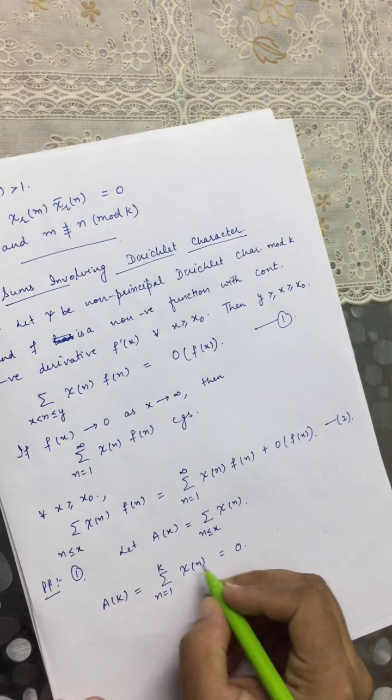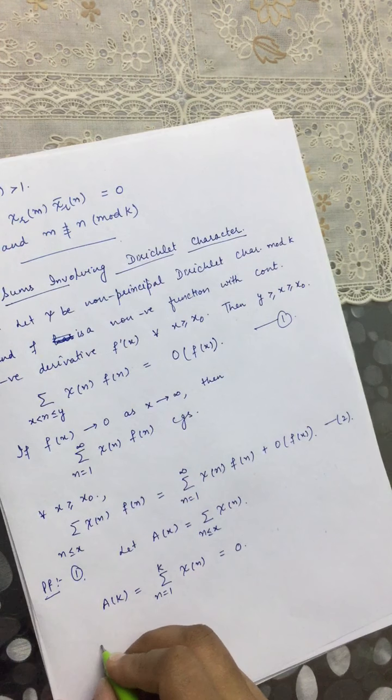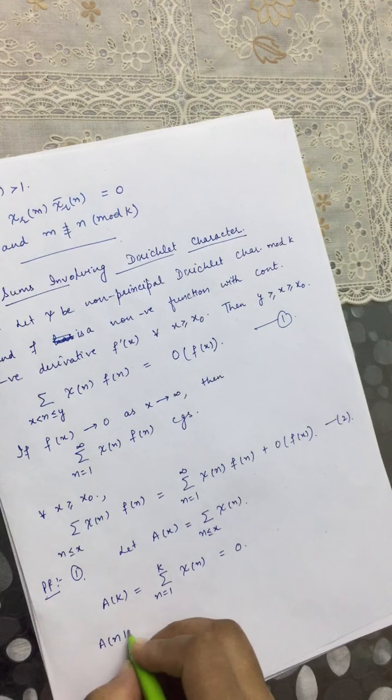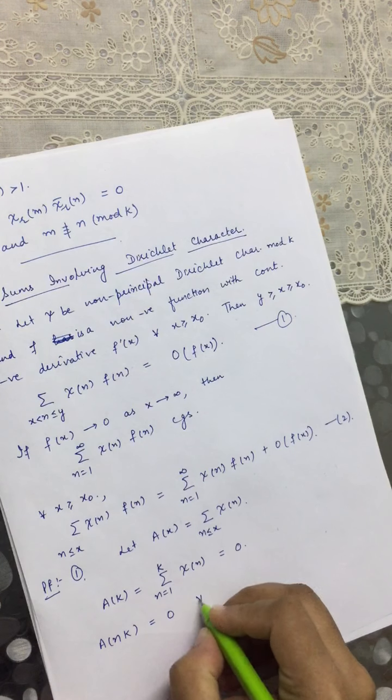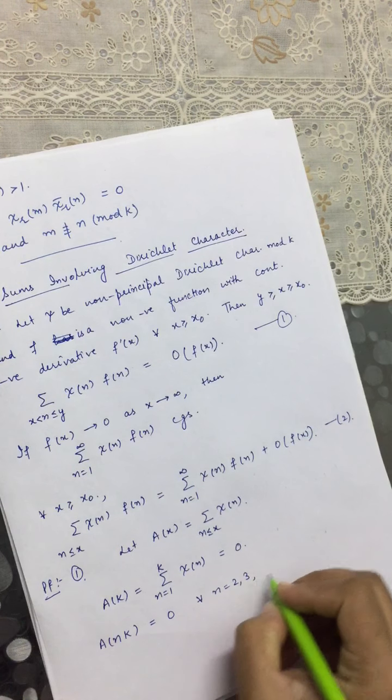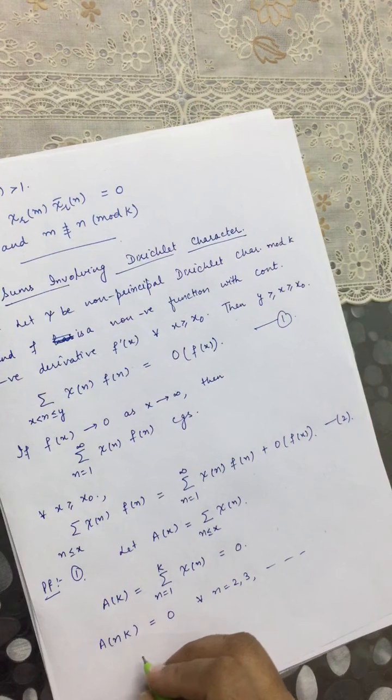Because chi is a periodic function, A of n k is 0 for all n up to infinity also.